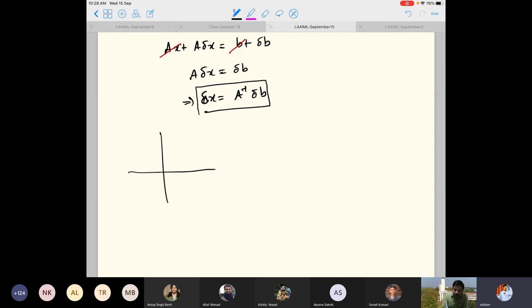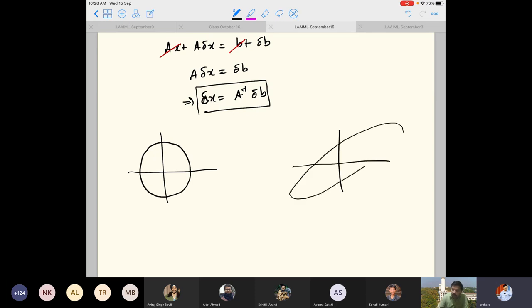So you have this scenario, you have a unit circle here. That unit circle is really going to be a very bad ellipse, right? This is something that we already know because the condition number of A is bad. If I say the condition number of A is bad, do you all agree that the condition number of A inverse is also bad? What is the condition number of A inverse in fact?